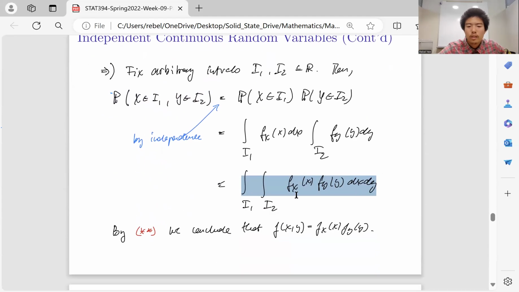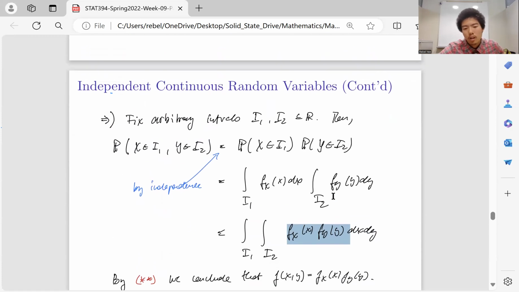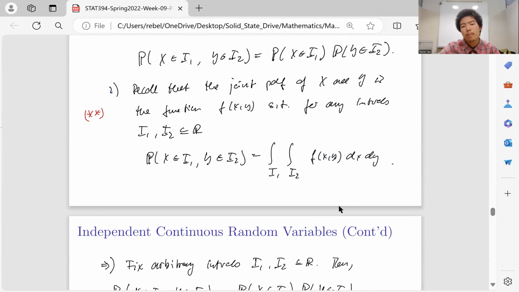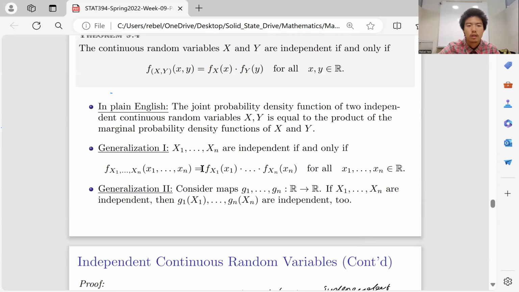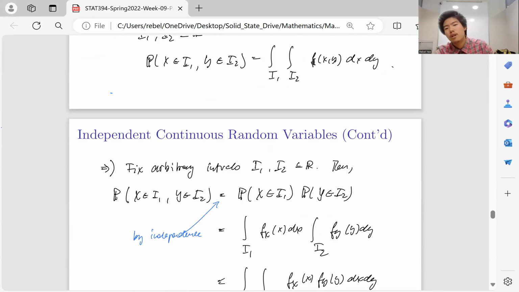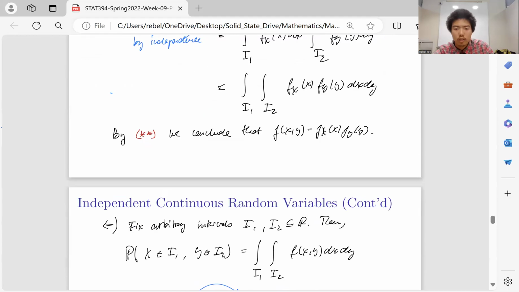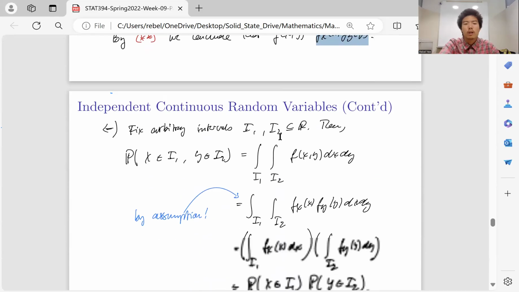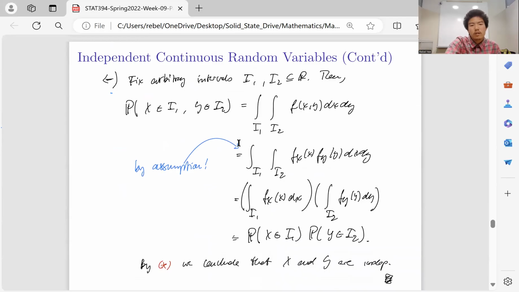And the only difference between them is this is the product of two single random variable functions, the PDFs, and this is the joint PDF. So they are equal, which satisfies this one, because the single random variable function here you can see is also the marginal. We can also consider it as the marginal density when we go from the joint distribution. So we are done.